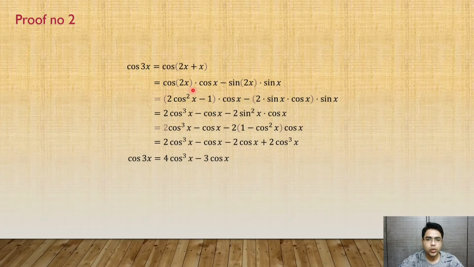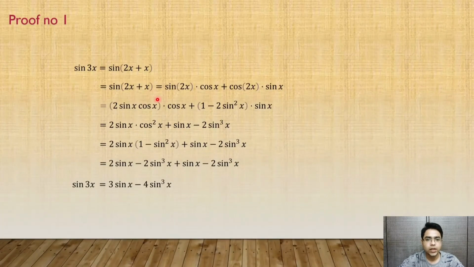Now cos 2x will be split into 2 cos square x minus 1. For cos 2x we will be putting this value related to cos. We have to remember this for this proof.